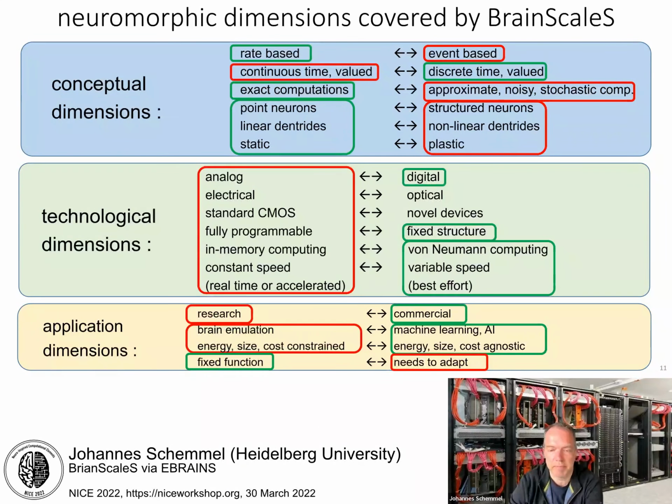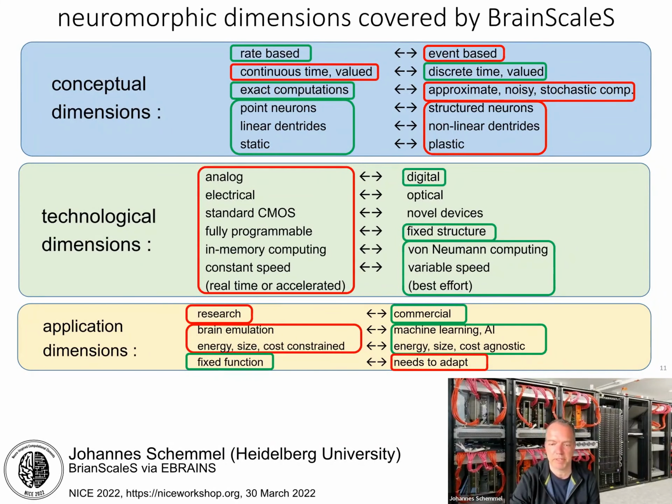And so for EBRAINS, we need to cover a lot of subcategories for the EBRAINS services, because there are different application dimensions, meaning we use different parts of the technological dimensions and cover different conceptual dimensions. Here's a summary of subcategories we will offer in EBRAINS.